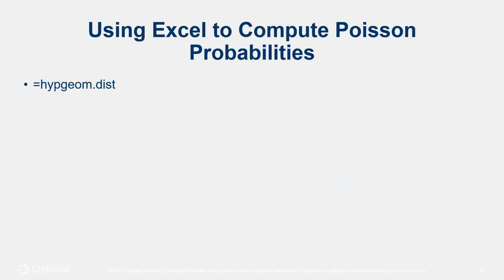Oh, that says Poisson. Sorry, that should be hypergeometric. It's equals HYPGEOM.DIST. And again, if you know those 4 variables, the total number, the number within the total that are defective, the number that you're pulling out, and the number of the ones that you pulled out that were defective, you can solve for the probability of any given one of those.